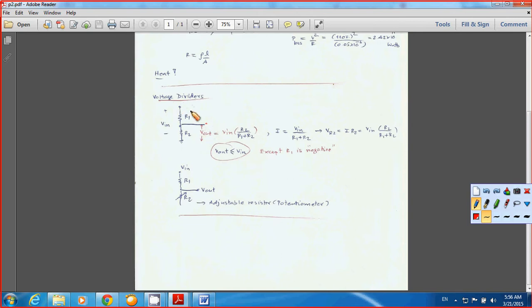That means you take V in and multiply by R2 divided by R1 plus R2, because R1 and R2 are in series.